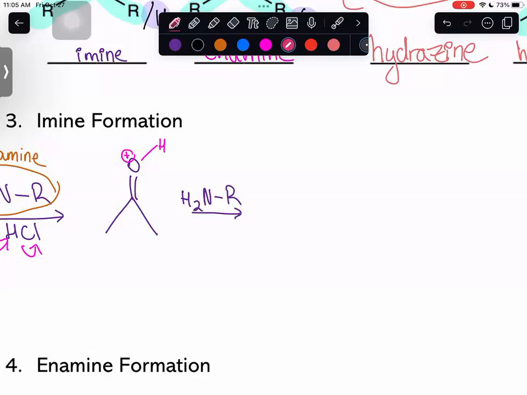What do we think? The same process that we saw with the other reactions, guys. What's going to do the attack and where? In order to attack the positive charge in the oxygen.